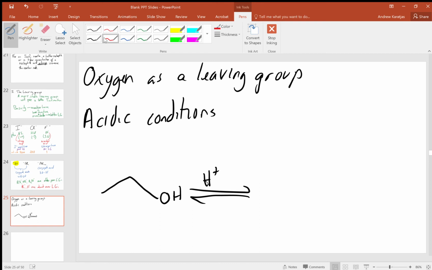So if we add acid to an alcohol, the lone pair on the alcohol will attack the H+ to give us something that looks like this.